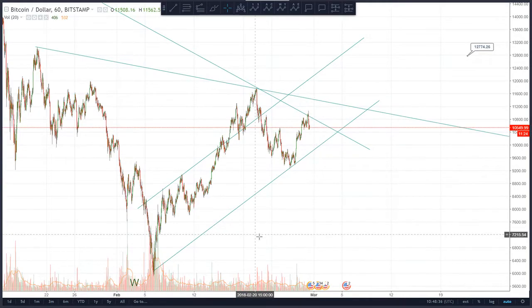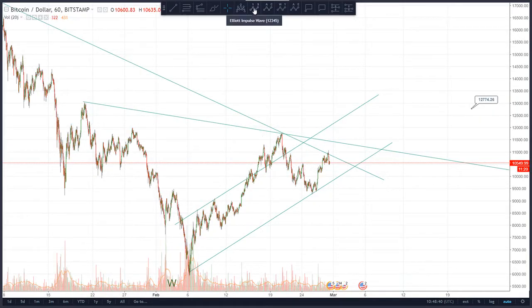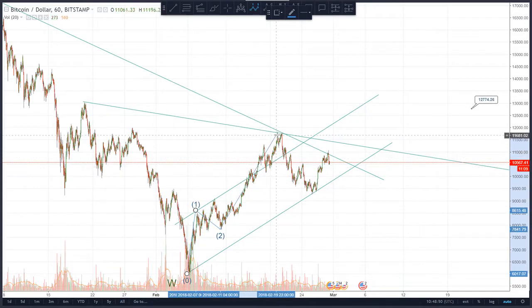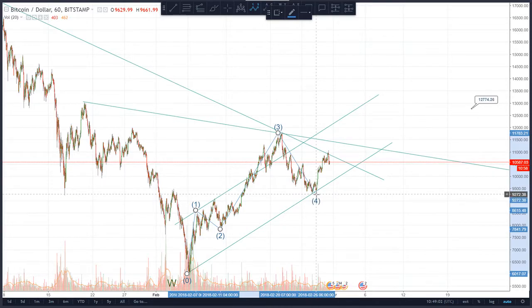So looking at the count, I'll show you the count that I've got so far. I've got wave 1 coming to here, a running flat forming a wave 2. This was the end of wave 3. Wave 4 bottomed here. However, the wave 4 pattern I don't think has finished, and I'm going to explain that very shortly.